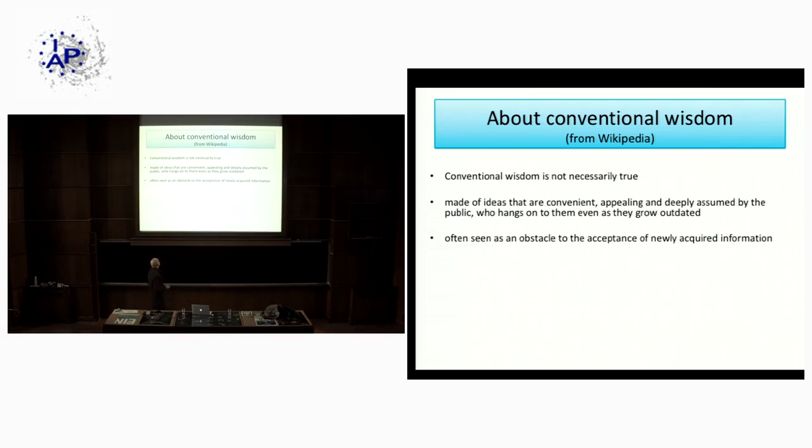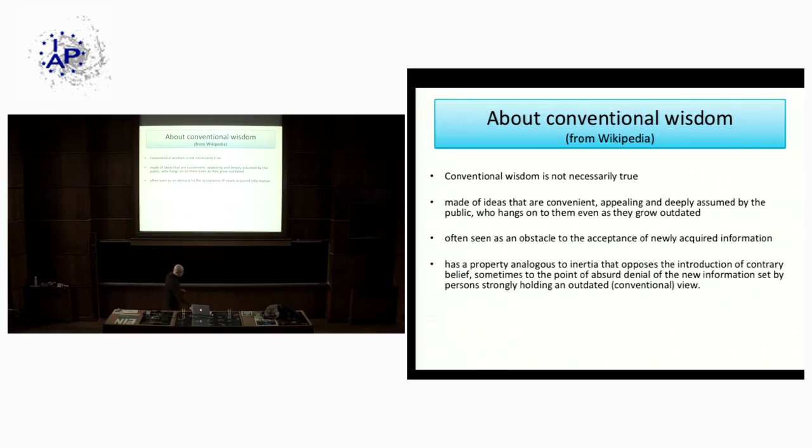This is interesting, actually. It's often seen as an obstacle to the acceptance of newly acquired information, and as a property analogous to inertia that slows down a change of paradigm, because the person wants to hold to their certainty, which sometimes is the outdated conventional view, and so must be overcome by legitimate revisionism if there is enough evidence.